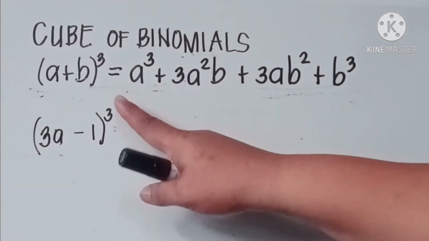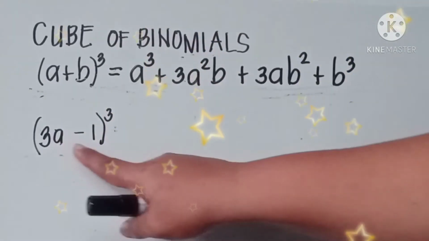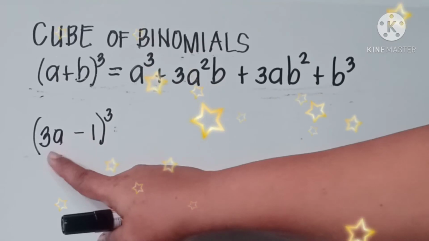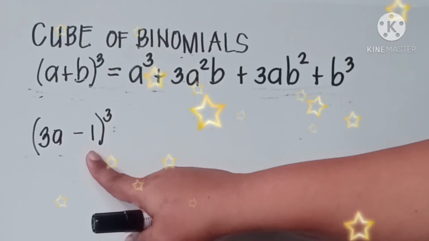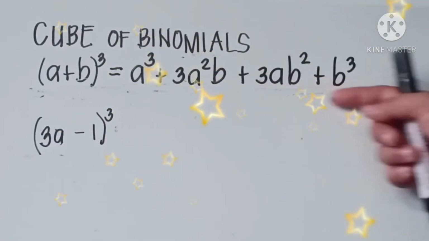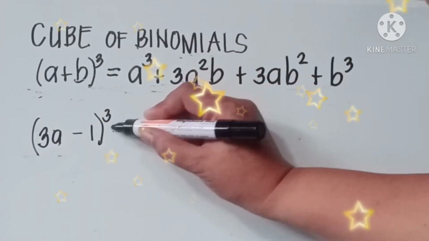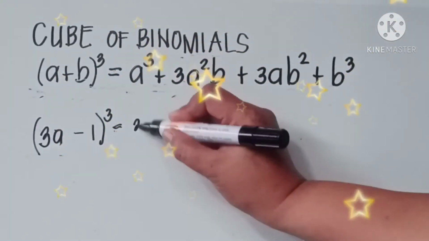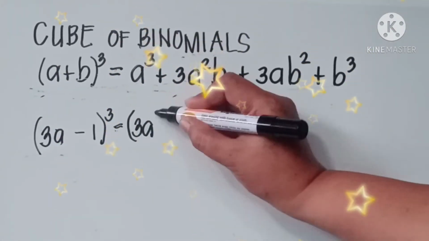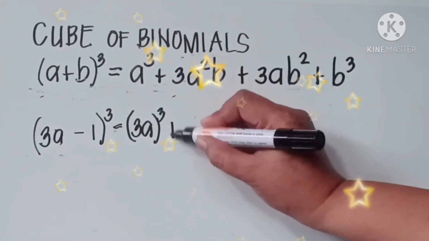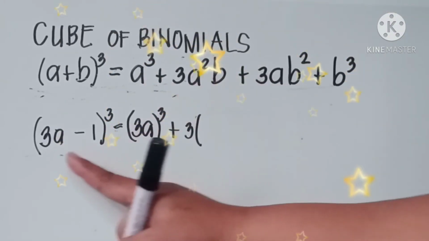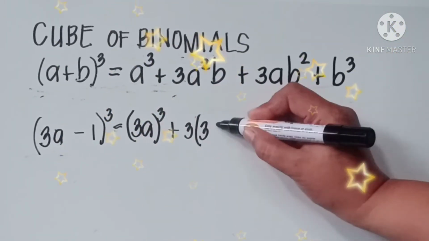Okay, so our next example is the cube of 3a minus 1. So, we have here a negative sign between the terms of the binomial. Okay? So, the same pa rin yung susundan natin guide. We have the cube of the first term. So, cube of 3a. Then, plus 3 multiplied by a squared. So, that is 3a.